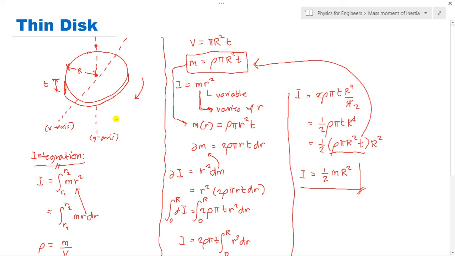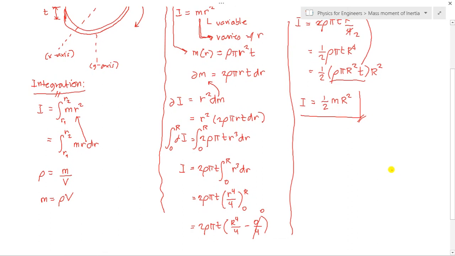Again, the moment of inertia of a thin disk with respect to this axis, which is perpendicular to the surface of the thin disk, passing through its center, is equal to 1/2 mass times the square of its radius. So, any questions? Any question, Mr. Pagas? Okay, understood?